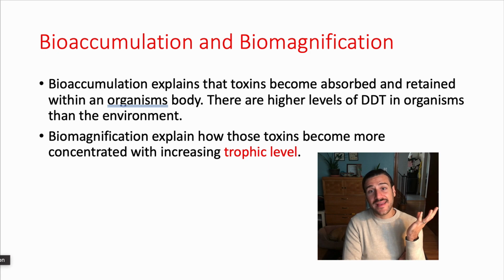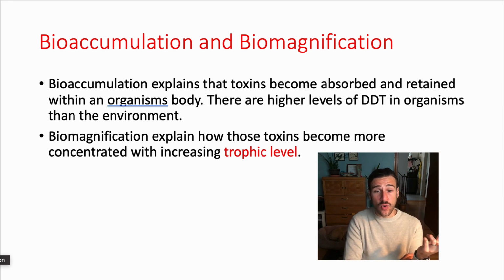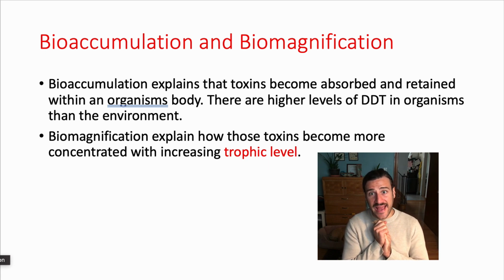So where there is high levels of DDT, there's going to be higher levels of DDT in living organisms than in the environment. So this has to do with the chemical properties of whatever substance you're looking at, and DDT happens to be readily bioaccumulated. So again, DDT works its way into living organisms quite readily.